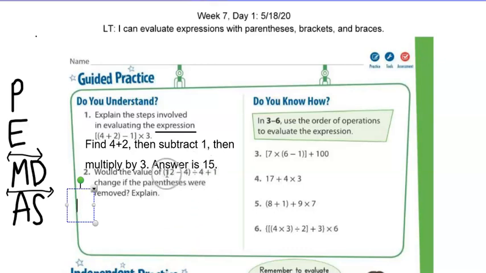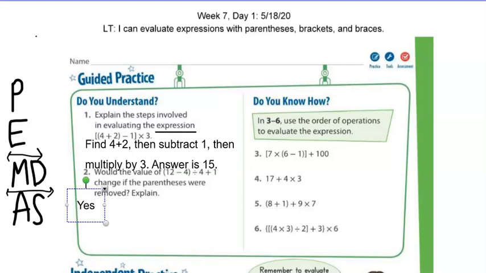So this would be 1. 12 minus 1 is 11, plus 1 is 12. In this case, we're taking 12 minus 4, which is 8. 8 divided by 4 is 2. And then 2 plus 1 is 3. So if you notice, changing those parentheses or taking the parentheses out does affect the end value.